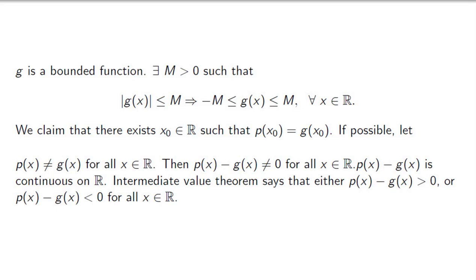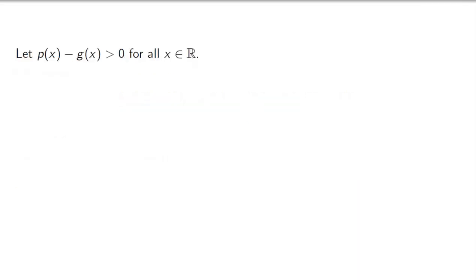So using this theorem, we can say that either p(x) minus g(x) is all throughout greater than 0 or all throughout less than 0. Now, let us assume that p(x) minus g(x) is all throughout greater than 0.